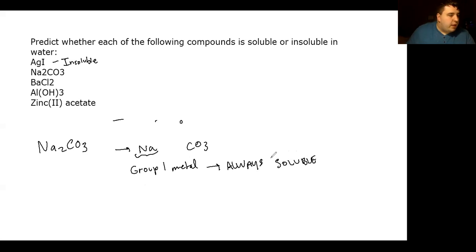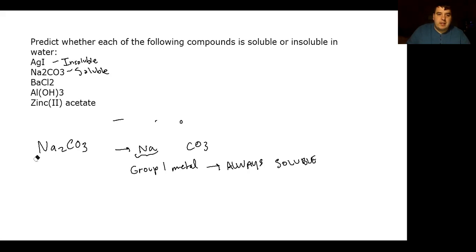Now, that being said, carbonate is technically an insoluble compound. But if we look at the solubility chart, carbonate becomes soluble in combination with sodium. And therefore, we can say that sodium carbonate is indeed soluble.